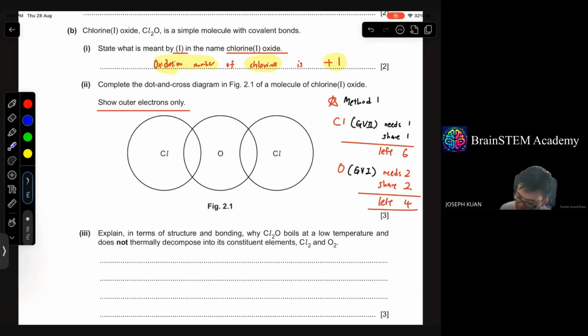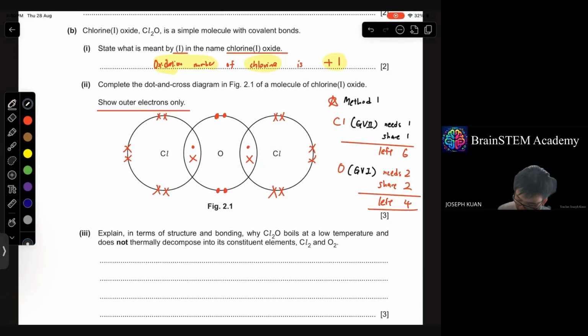So by applying this concept, we know chlorine will have 6 non-bonding electrons, and they will share 1 for the covalent bond, each of them. And our oxygen will contribute 2 for sharing, so 1 for each chlorine, leaving behind only 4 non-bonding electrons.